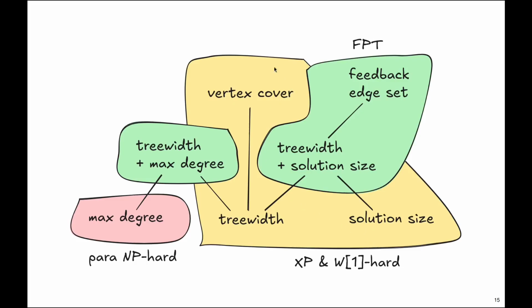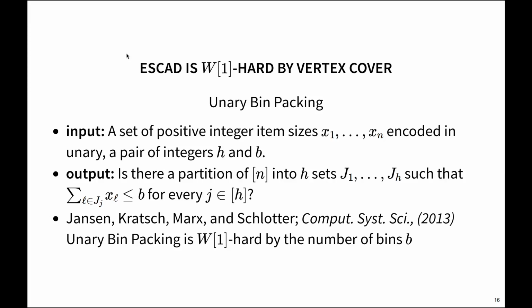So let me now show the W1 hardness from vertex cover, or for vertex cover. That is done by a reduction from unary bin packing. So in this problem we have items that are encoded in unary, and we have some number of bags of some bounded size.